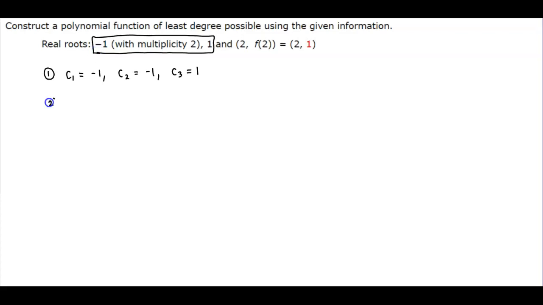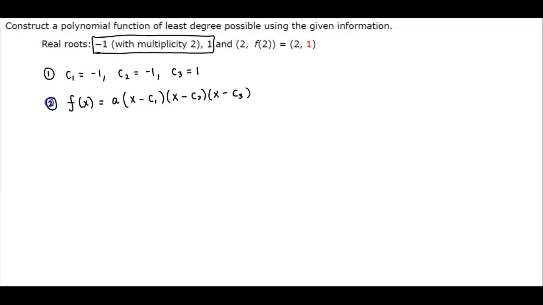Now we're going to write out the standard function. It's going to be f of x equals a constant a times (x minus c1) times (x minus c2) times (x minus c3).